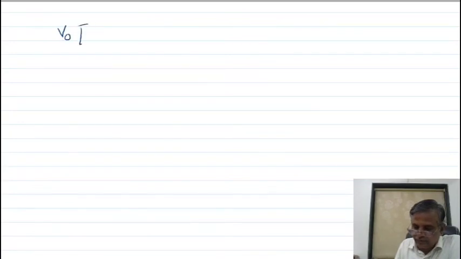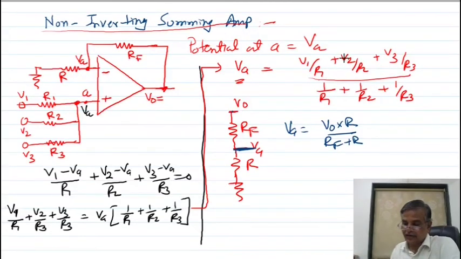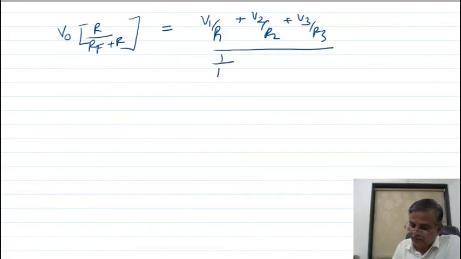So you will get VO into R upon RF plus R is equal to, see what you have written, V1 by R1 plus V2 by R2 plus V3 by R3 upon 1 by R1 plus 1 by R2 plus 1 by R3.